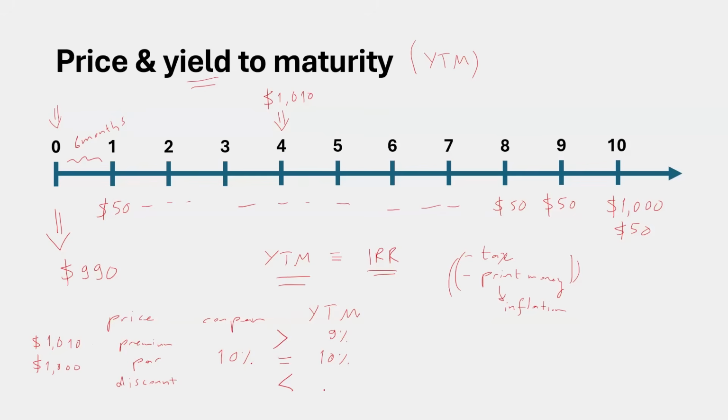Or for example, if the yield is higher at 11% compared to the coupon rate, now the price will fall because I'm discounting more heavily. So this could be something like, I'm just making up the numbers, something like 995. Okay.